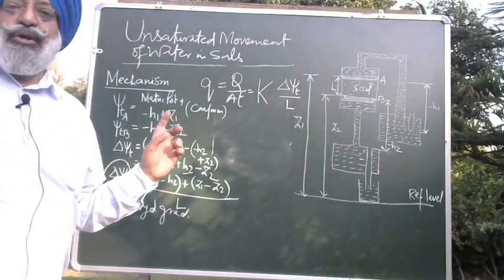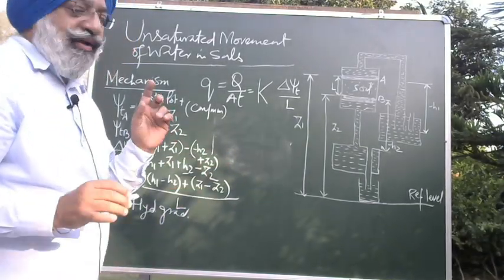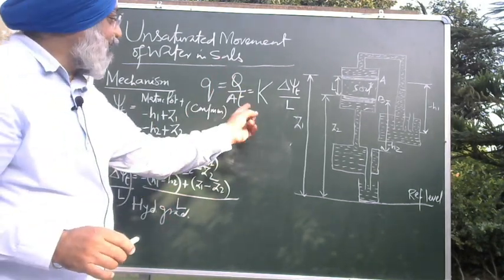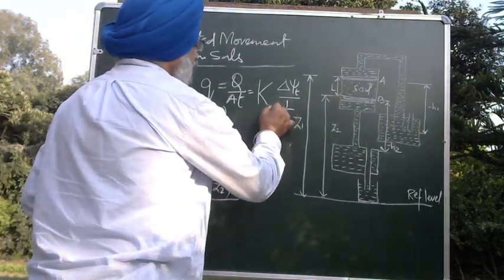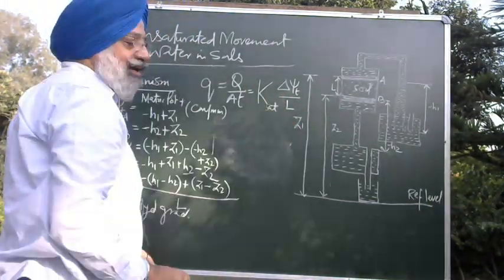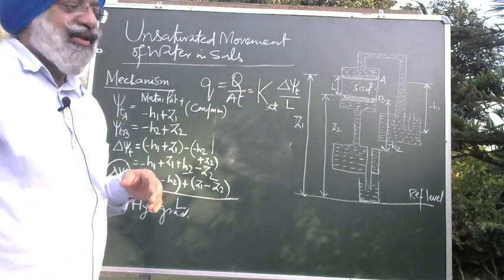Now K is hydraulic conductivity, you know it. The difference over there is that earlier it was K sat, what we call saturated K. This was Darcy's law under saturated water movement conditions.